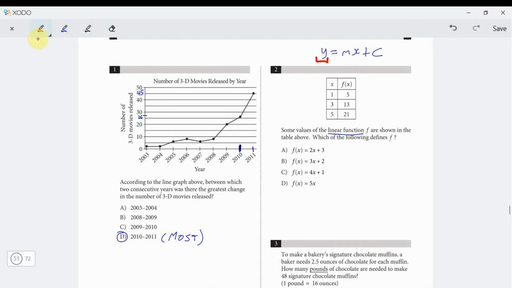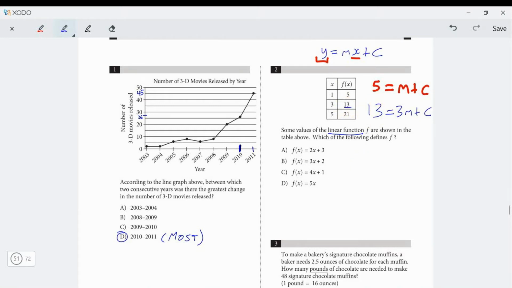So we're saying 5 is equal to 1 times m, which is m, plus c. And when x is 3, you get 3m plus c, and the y value is 13.